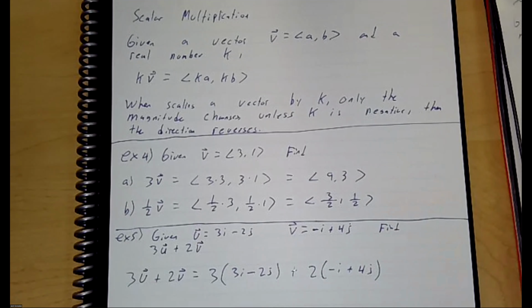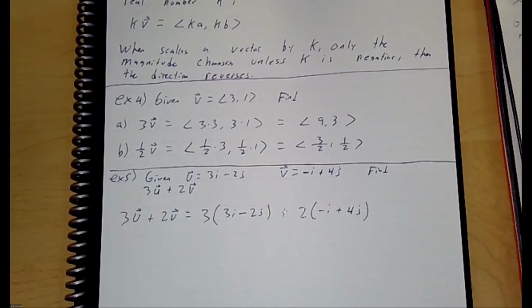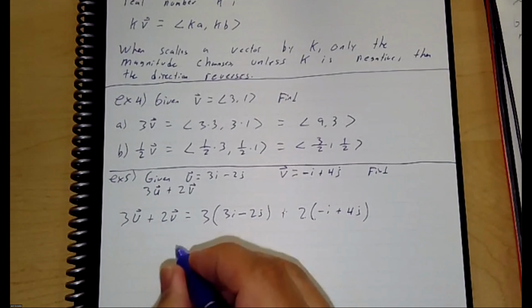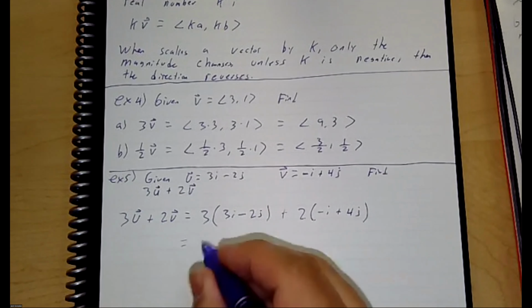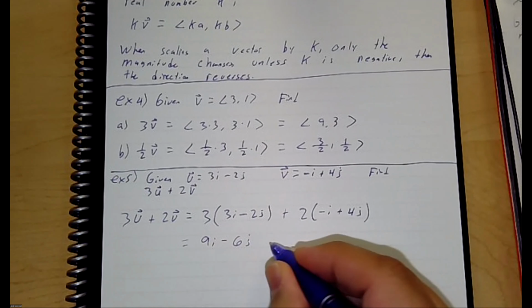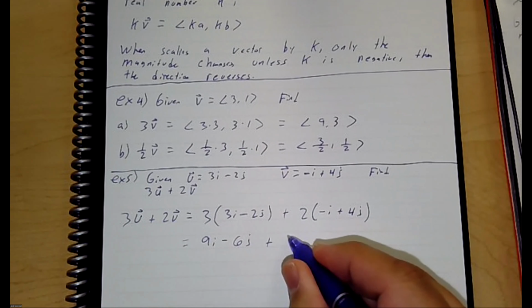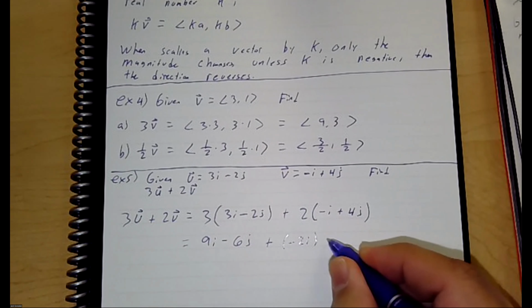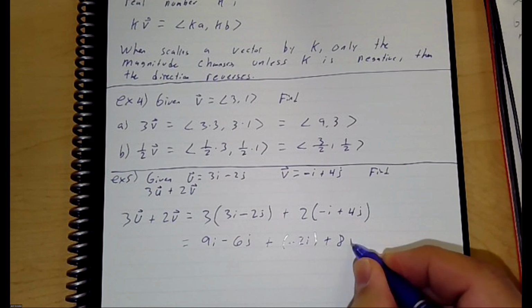So just multiply it out and add the i components and your j components. That's it. That'll be 9i minus 6j plus -2i plus 8j.